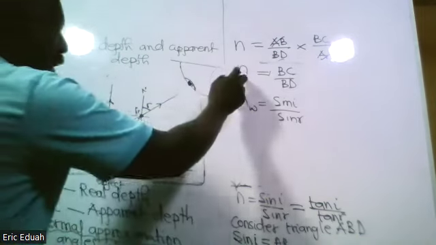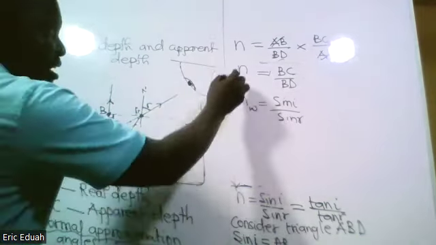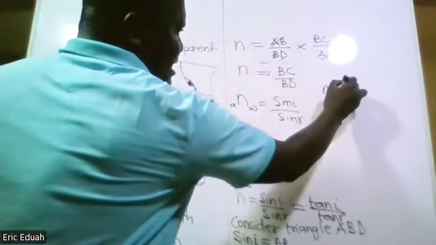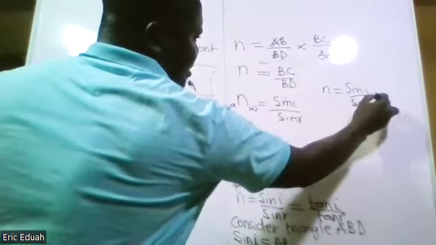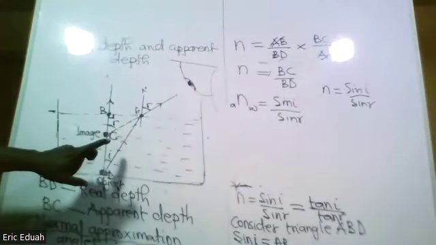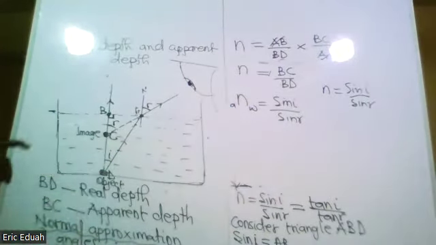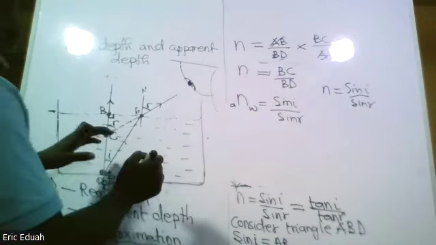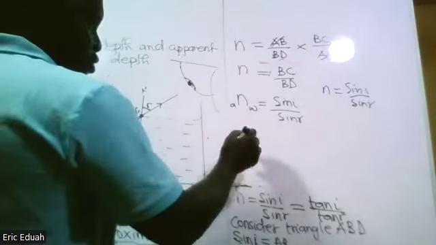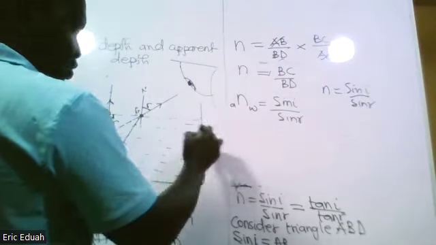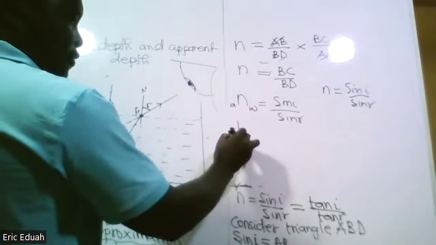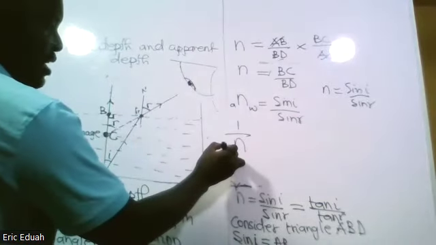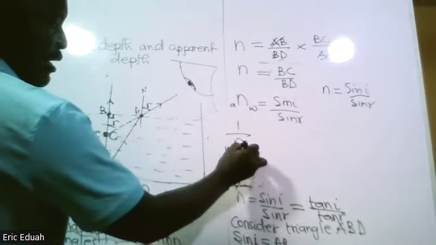We use n is equal to sine I over sine R. Now, from what we are doing, this is actually from water, so this is the inverse, water to air.